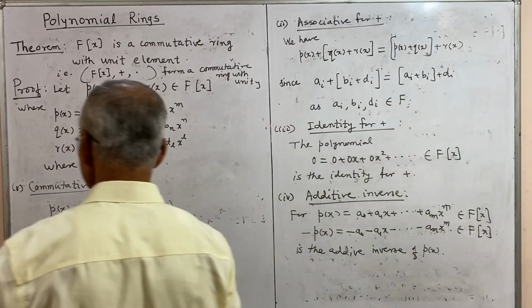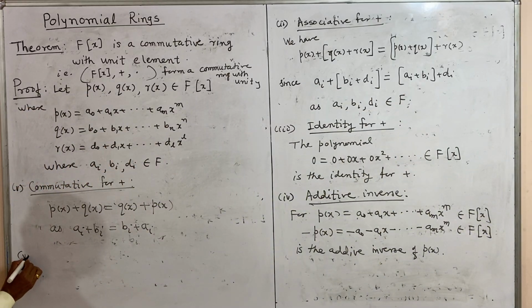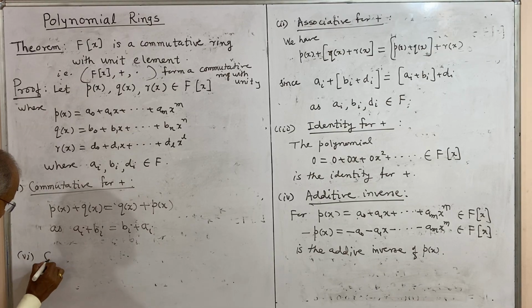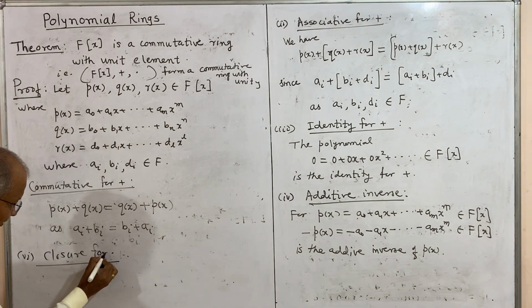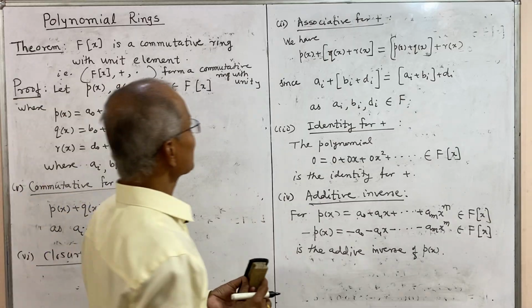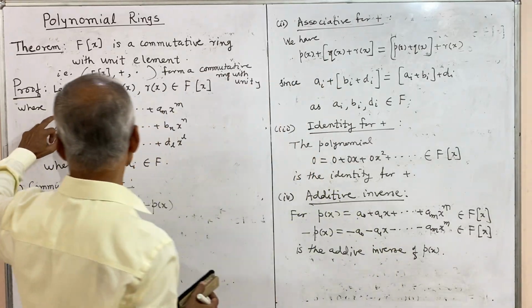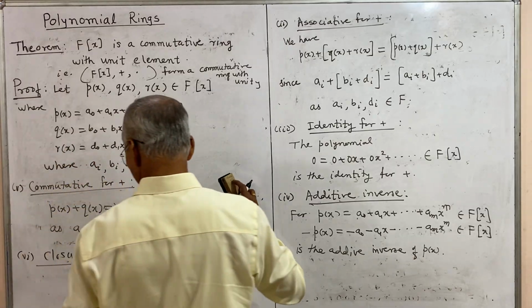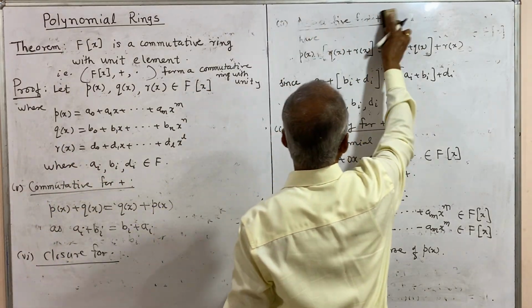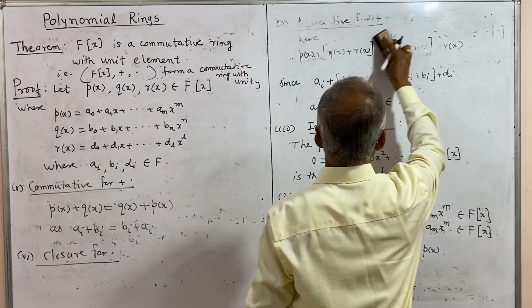Next we shall consider as the next property closure for multiplication. Closure for dot, this property we shall consider, and that means we shall have to prove that the product of two polynomials is again a polynomial in f of x, and for that purpose we can consider p of x into q of x.